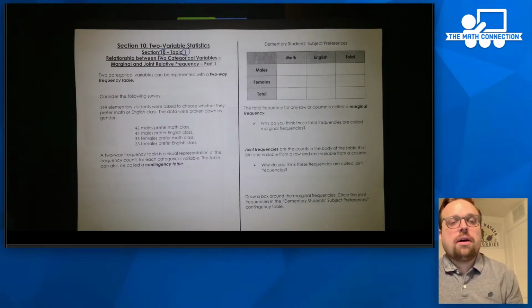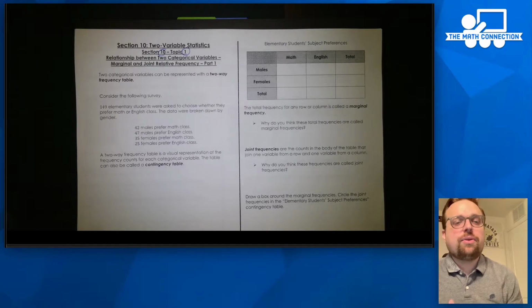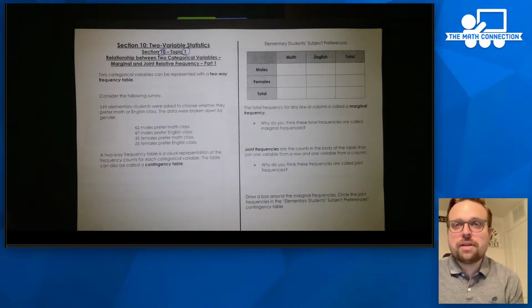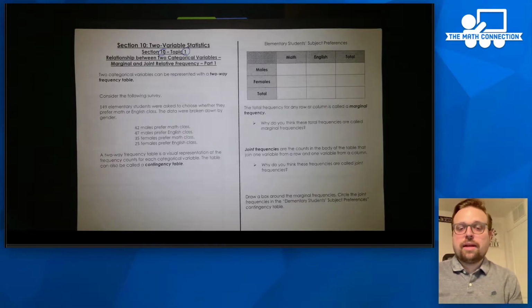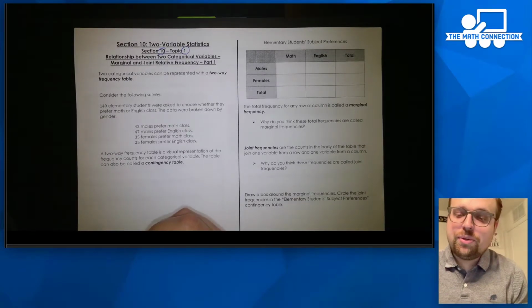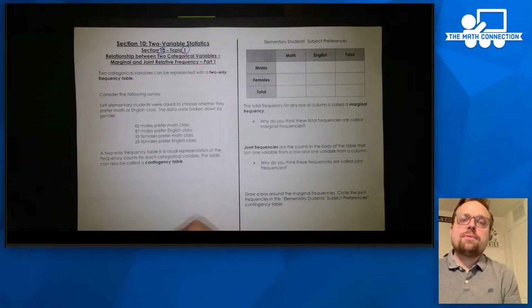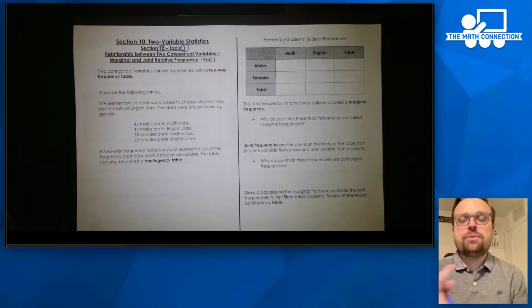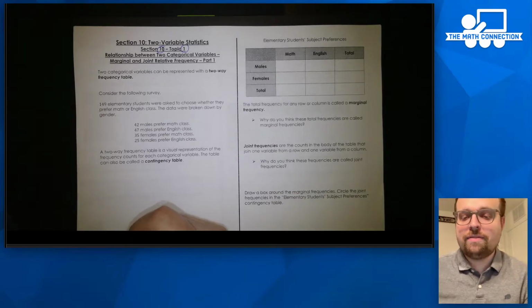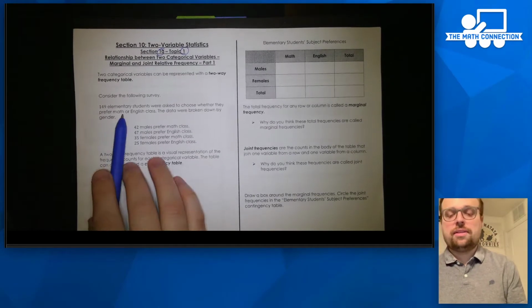So if you're categorizing this data, you could have like men versus women, or a particular favorite color or a favorite subject or something like that. And that's actually what our first example is going to look like. And a two-way frequency table counts how often somebody falls into two different categories in a set of data. So we're going to use this example below.